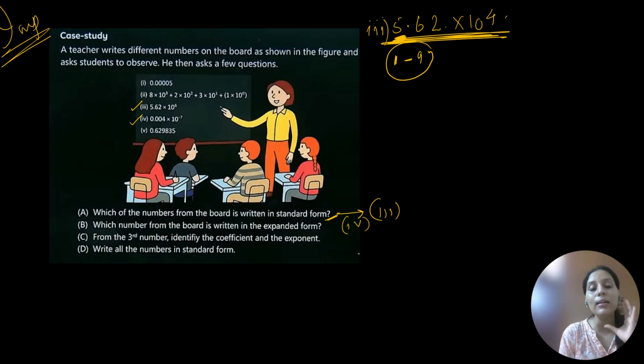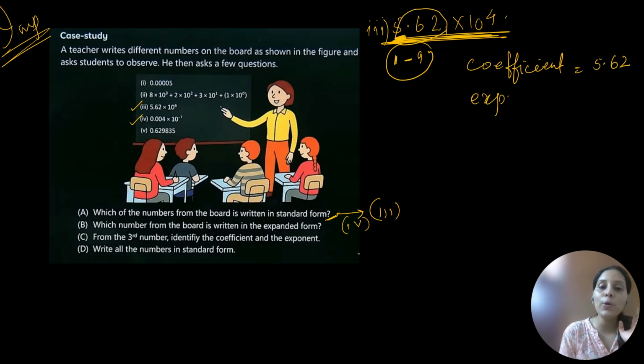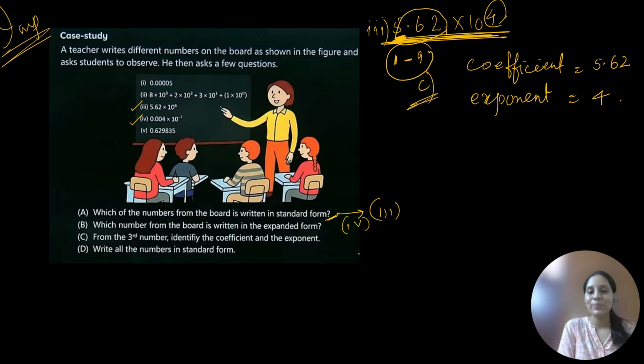So whatever the number you have before 10. So यहाँ पे coefficient is nothing but 5.62. ये होता है coefficient. And exponent, as we know, exponent is nothing but the power, which is nothing but 4 over here. So this is C part.